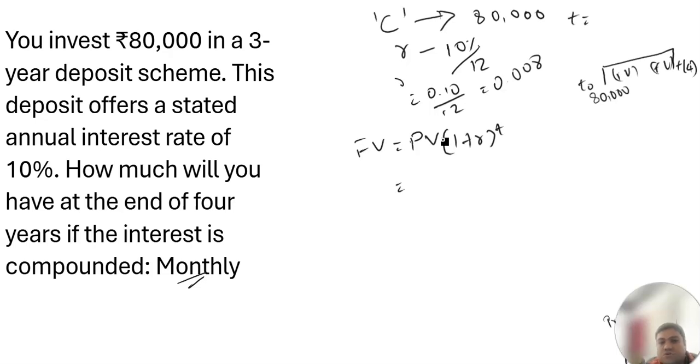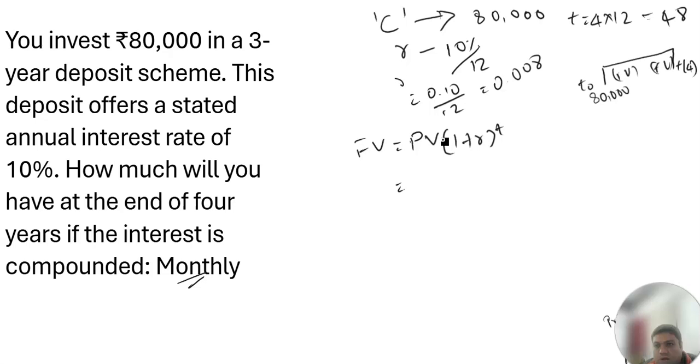It is saying 4 years, so you need to do 4 into 12 because the number of months is 12, right? Because it's asking how much will you have at the end of the fourth year. So 4 into 12, you're going to get 48 months.